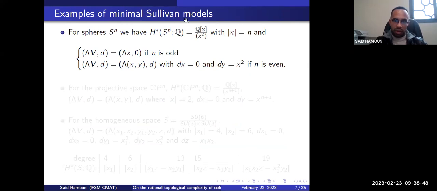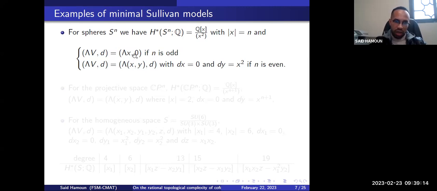As examples of minimal Sullivan models, we have for the sphere the rational cohomology given by Q[X] over the ideal generated by X to the power 2, where X is an element of degree N. Then in this case, we have ΛV with differential d equals 0 if N is odd.